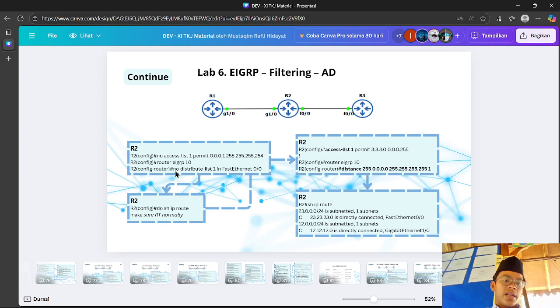Then we erase here: no access-list 1 permit 0.0.0.1. Then in router EIGRP 10 we erase again: no distribute-list 1 in FastEthernet 0.